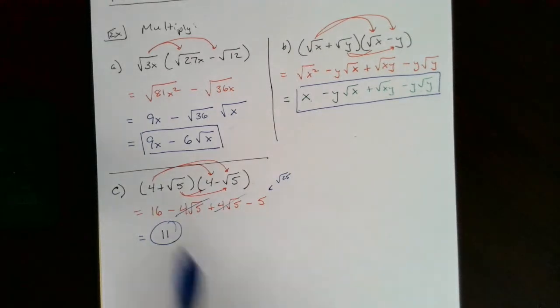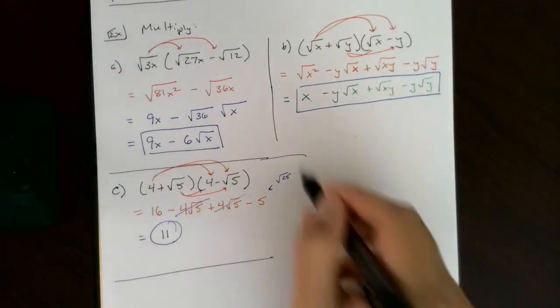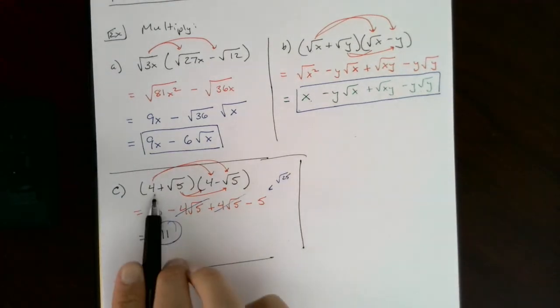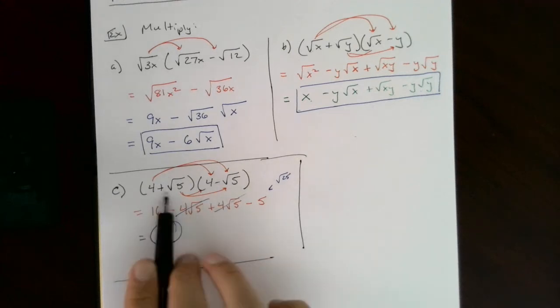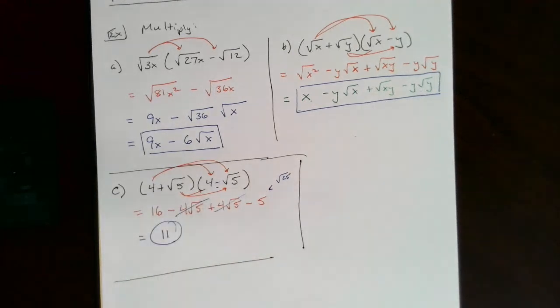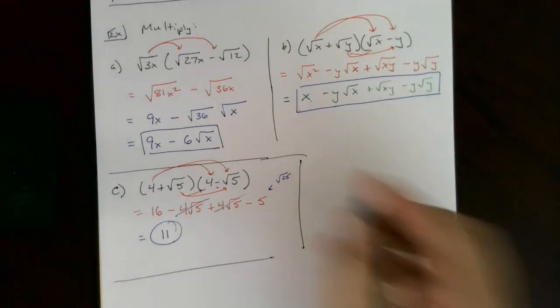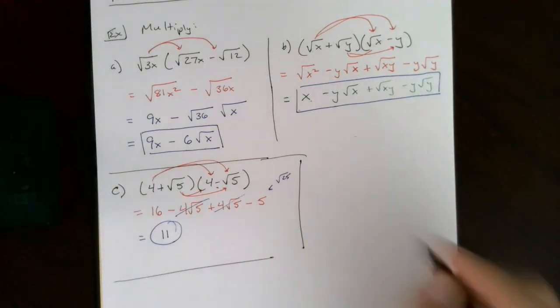And if you notice, the middle terms canceled. Now that happened because of a very specific case we have here. And the specific case we have is when you have the same factors, right, but with an opposite sign in the middle of each of these. They're called conjugates. And maybe I'll write it here in general.